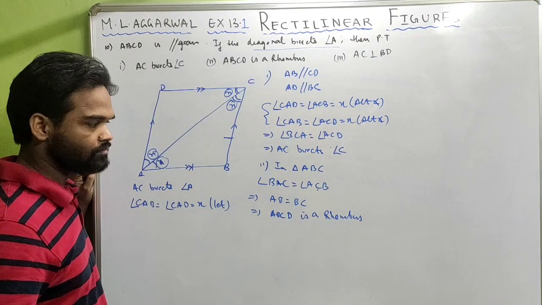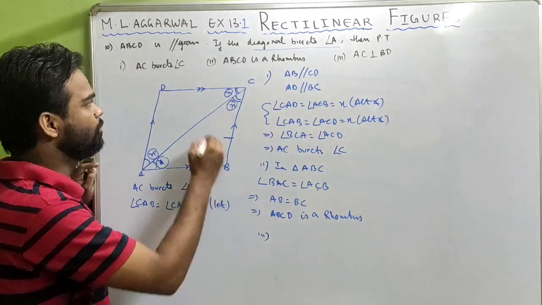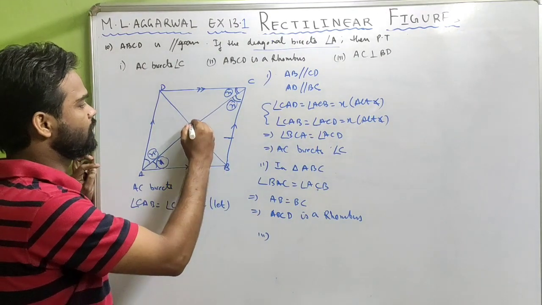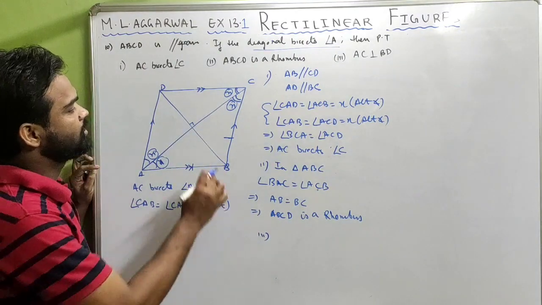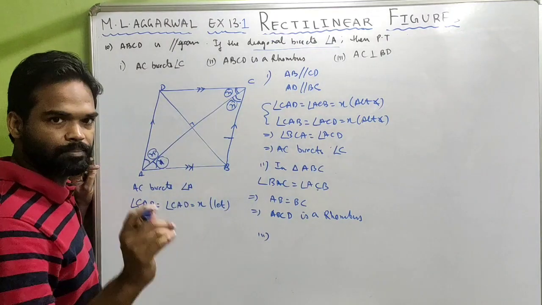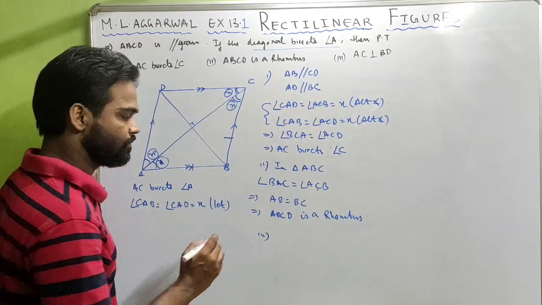Done. Number 3. And if it's a rhombus, we know in the rhombus the diagonals are perpendicular to each other.